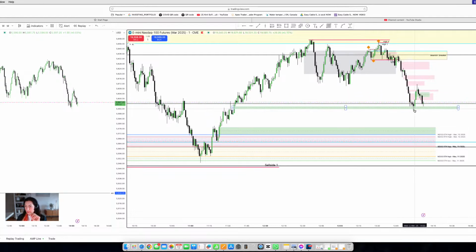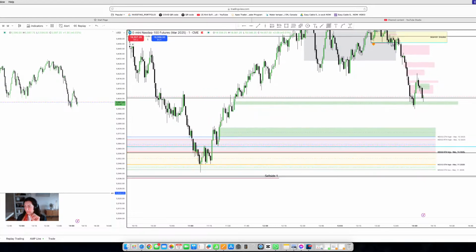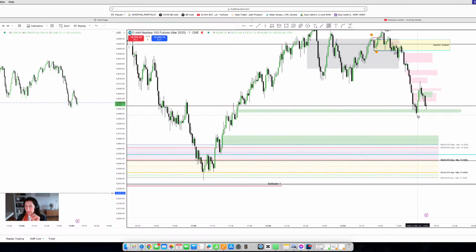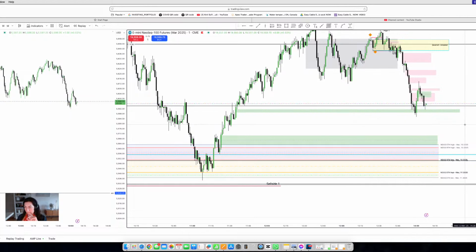This area seems to be providing a reaction the second time round as well. Could be reacting off Asia's high.